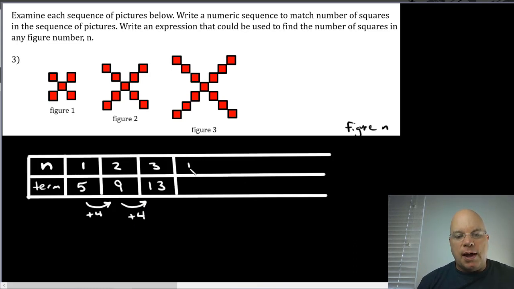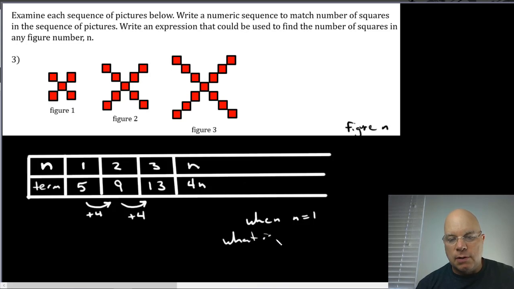For any number n, we can start the rule with the common difference multiplied by n, 4n. Sometimes that's the whole rule, and sometimes there's something you need to add or subtract. When n equals 1, what would 4n be?